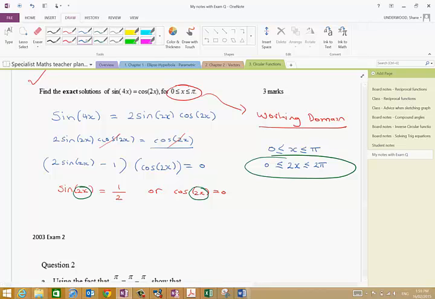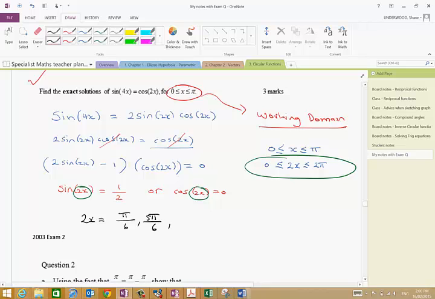So now I'm just going to go and write my solutions, but my solutions are not x. I've got 2x is equal to, well, sine of 2x. Where does sine of 2x equal a half? Well, it's only when the angle is equal to pi on 6 and 5 pi on 6, just using the unit circle.